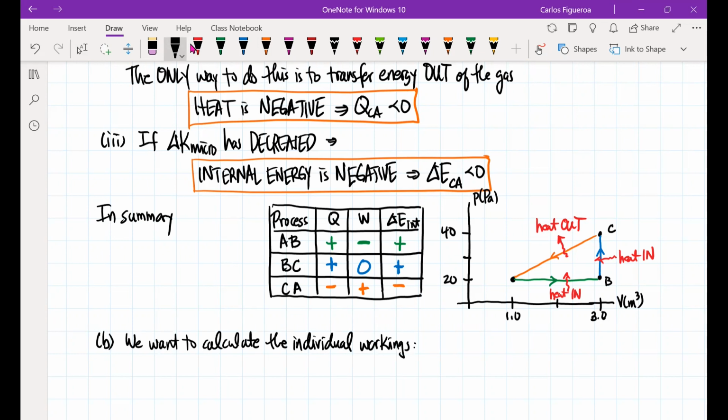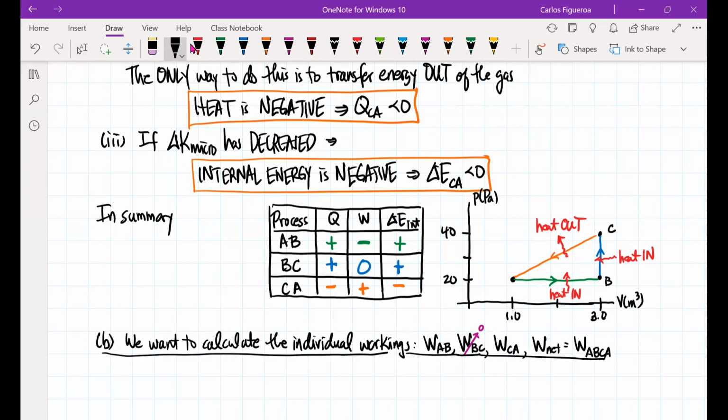These workings are the work from A to B, the work from B to C, but note we already stated that this one was 0, so that's not one that we'll calculate. Then we need the work from A to C, and then we need the total work, the net work, which should be the work from A, B, C, and back to A. So let's go look at these.